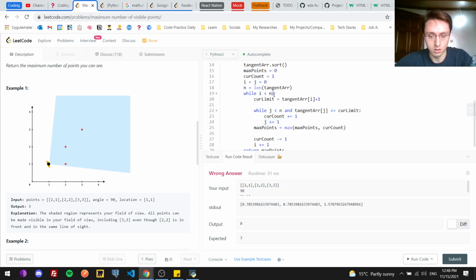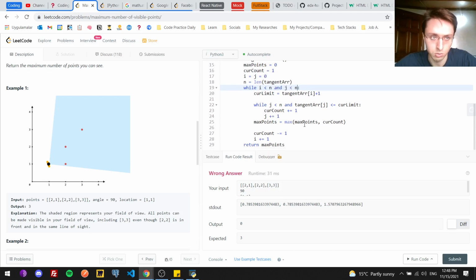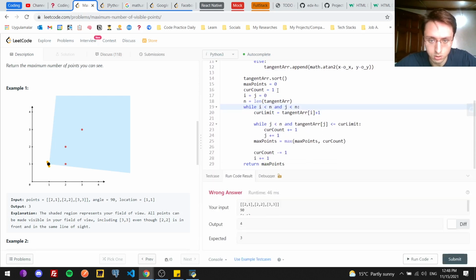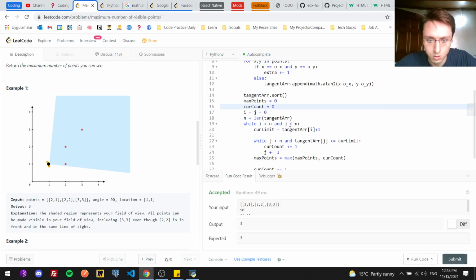Also here, by the way, j should be also less than n, because when j is at the end, we just stop. We don't even have to continue. So let's see. Since we start from 0, this should be 0.